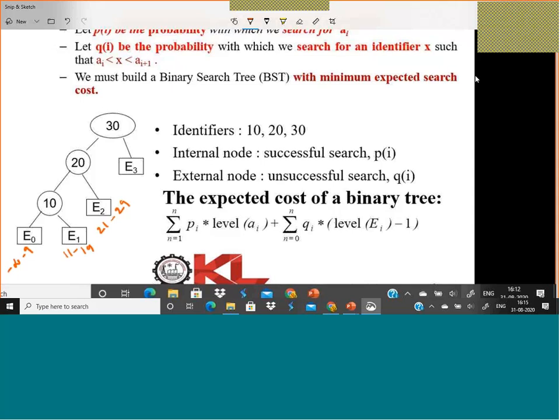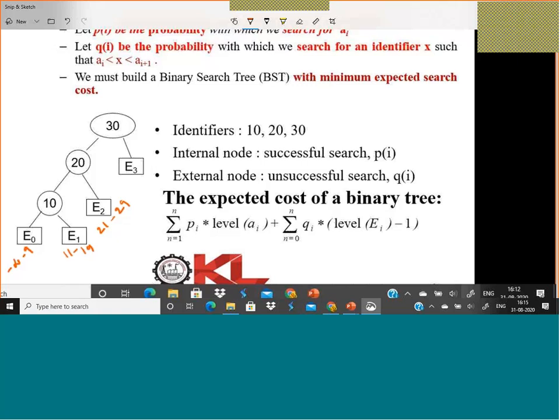So 25 is less than 30, come to the left side, and 25 is greater than 20, come to the right side. Right side nothing is there. It is a null value. So these rectangle boxes are not a part of the tree. But when you are searching for elements which are not there in the tree, the search will terminate at this point.